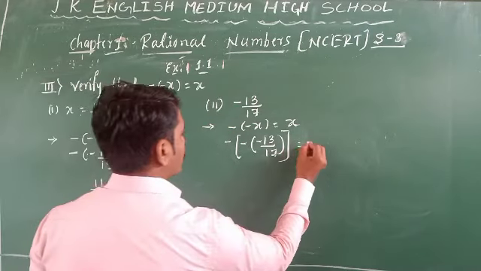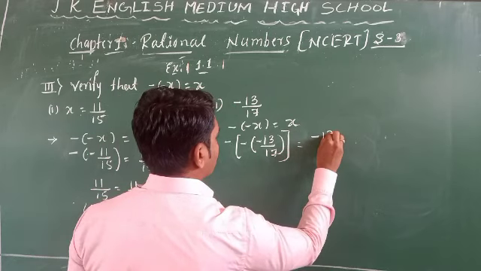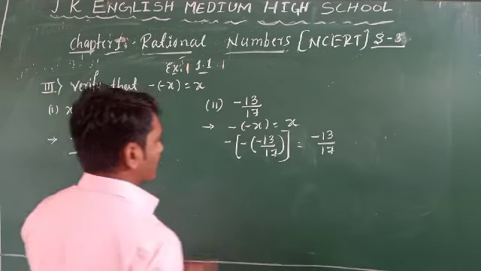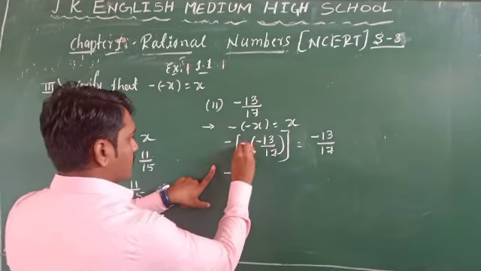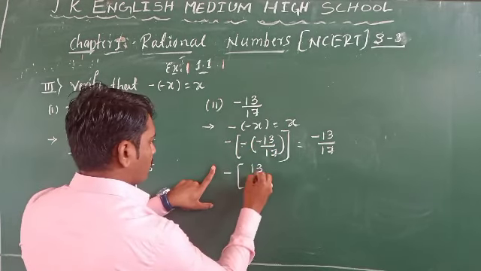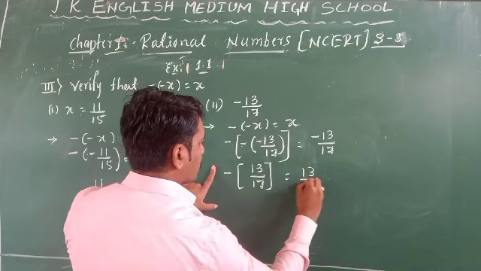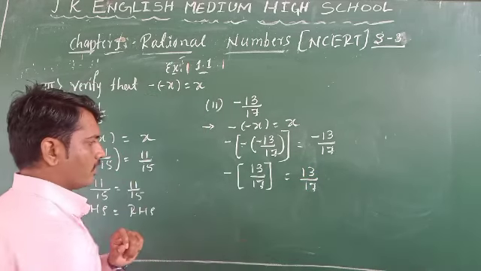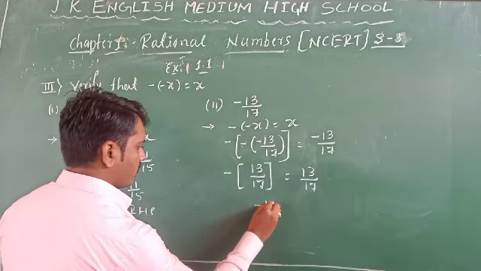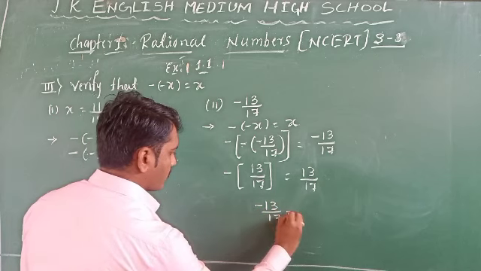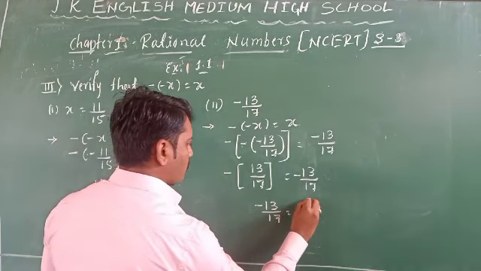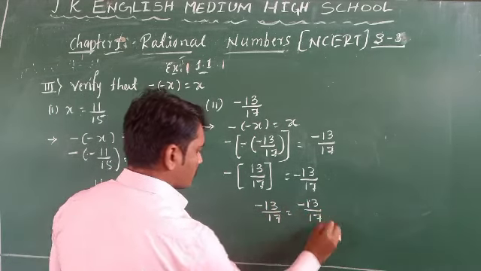Next term, what is the x value? Minus 13 by 17. First term, minus as it is, minus into minus what? Plus 13 by 17 is equal to 13 by 17. Minus into plus, minus 13 by 17 is equal to minus 13 by 17.